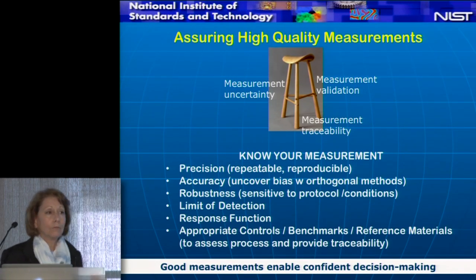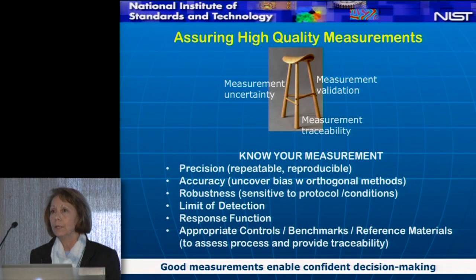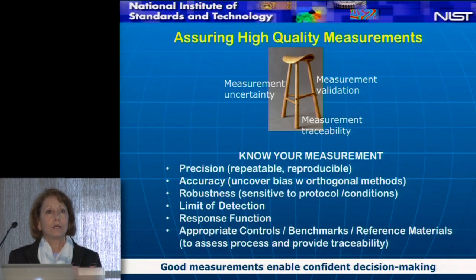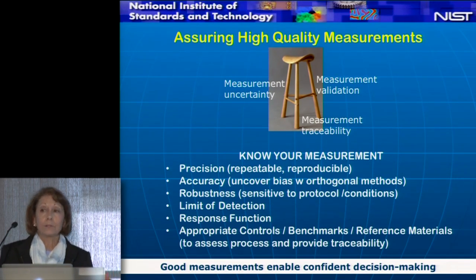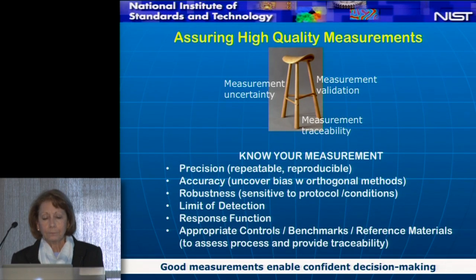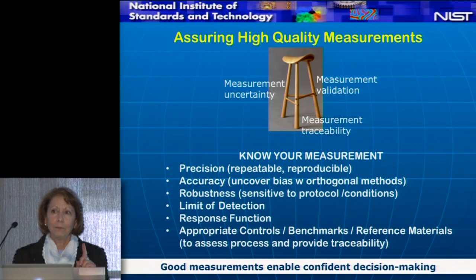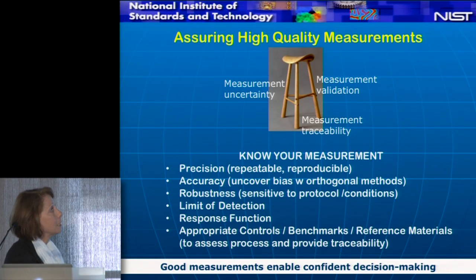So if you can run a Western blot, but then you can also do some flow cytometry and some imaging and maybe something else, then you start having confidence that you are measuring the molecular species that you intended to. But accuracy is a big bugaboo in biology because we don't necessarily know what the biological function is and what to expect. So that makes these other things really, really important, like robustness.